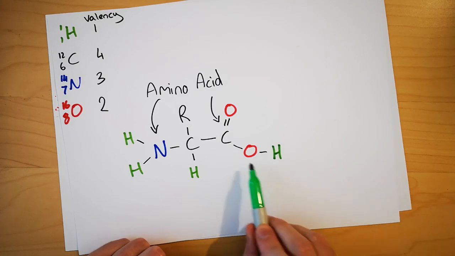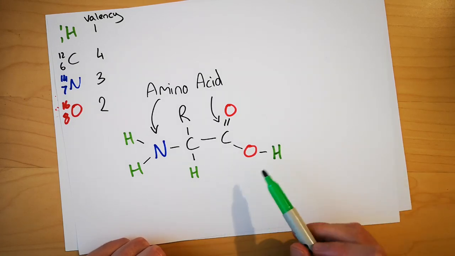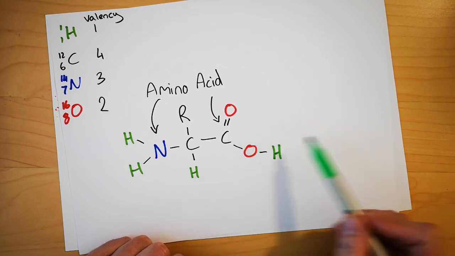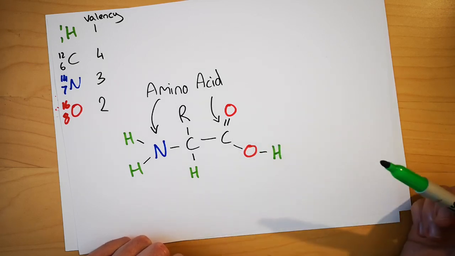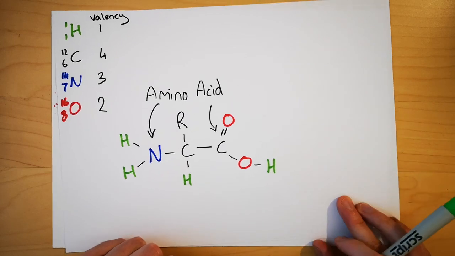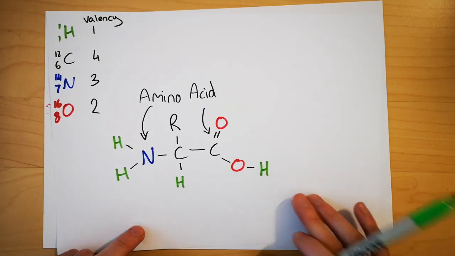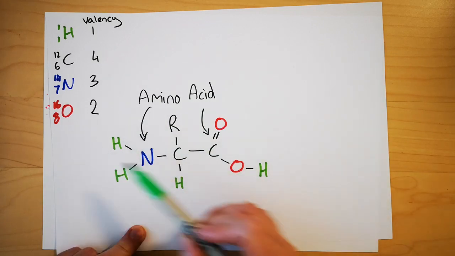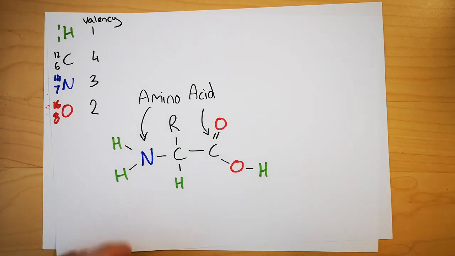Now, if that hydrogen was to dissociate, so come away from that oxygen, you'd be left with an O negative and an H positive, and that H positive would be your acid component. But we're not going to go into that in too much detail. We're actually going to leave it for now, and we're going to talk about this structure here.